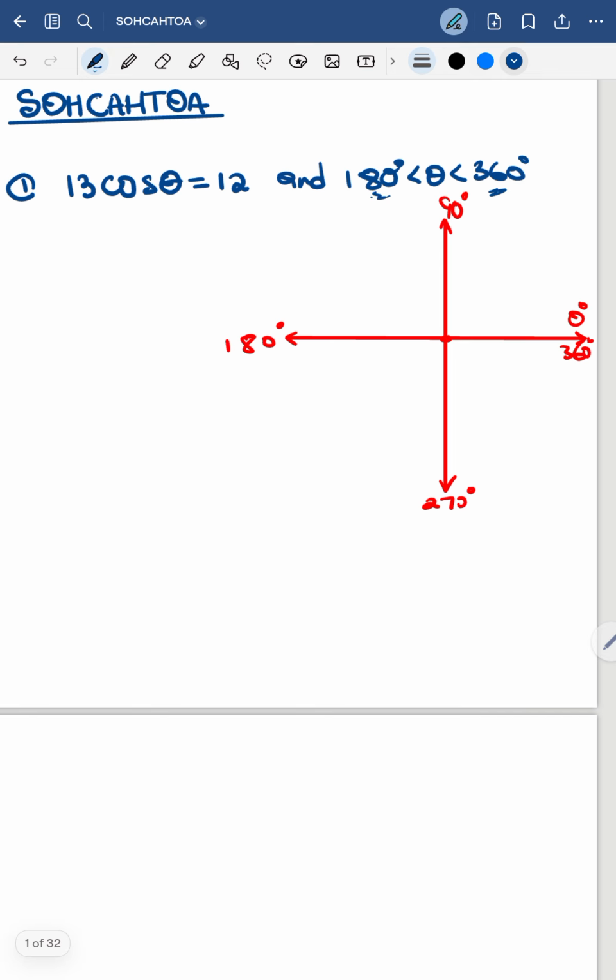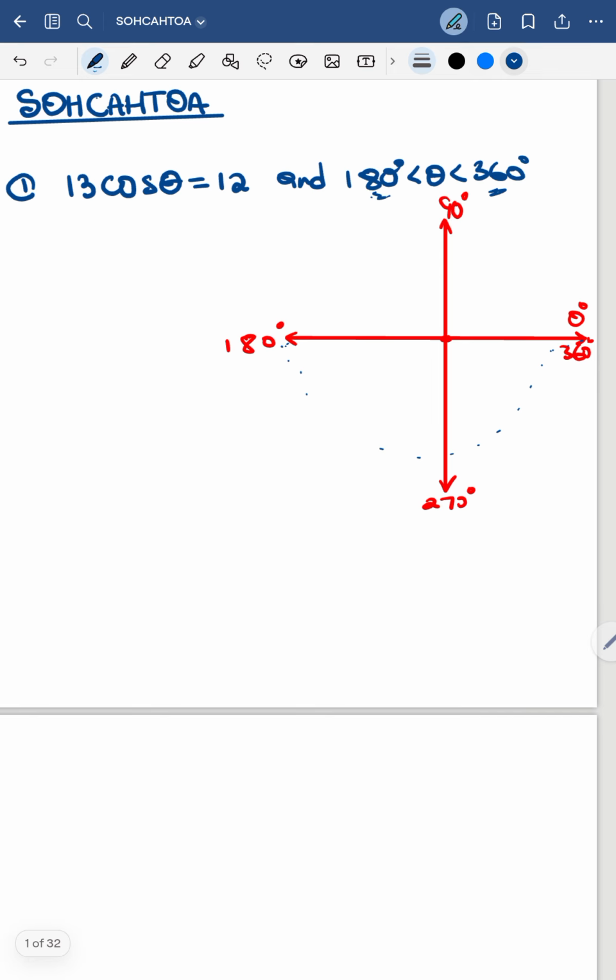What does the interval say? It says theta is greater than 180 degrees. That means starting from here, but it's less than 360 degrees. That means our angle is here up until here. So it's starting from 180 degrees up until 360.